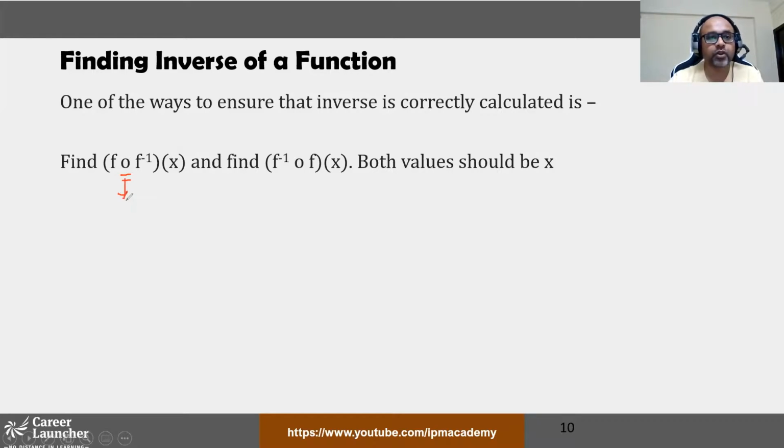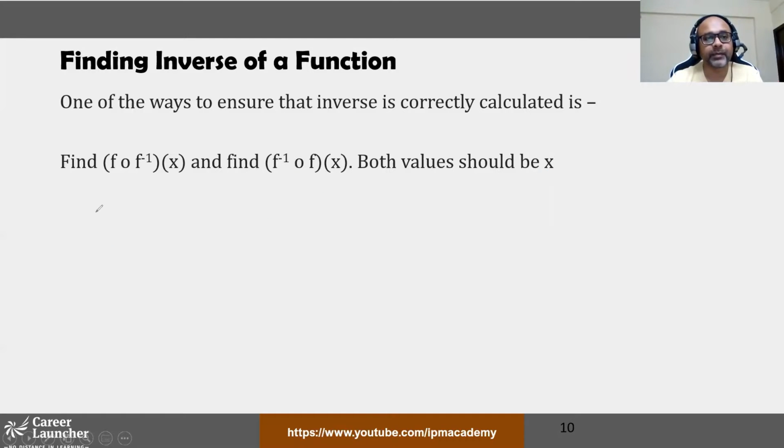Please don't call this O; it is f of f inverse of x. And also find f inverse of f of x. If they both give you the same answer, and this answer should be x, then your calculation is correct.